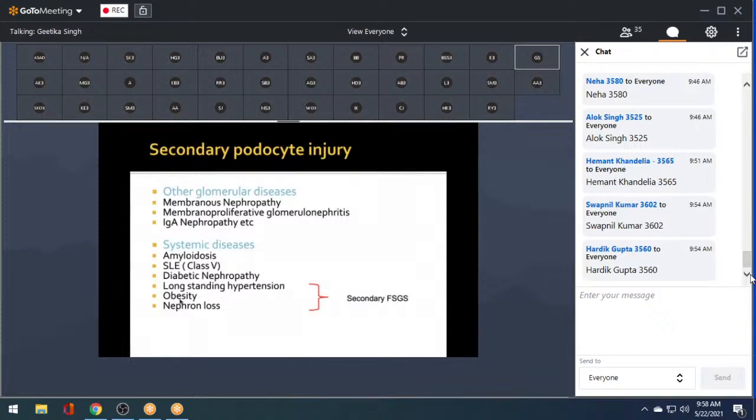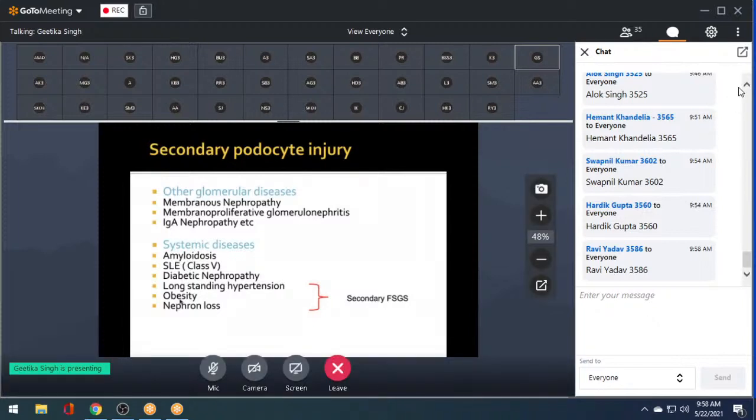Okay. So the crux of this discussion is that FSGS is a pattern of injury. FSGS indicates podocytes have fallen off, there is loss, and you've understood that bare GBM induces sclerosis. Okay, and different cells try to come in and repair. But the main thing to understand is what has caused the FSGS, right?